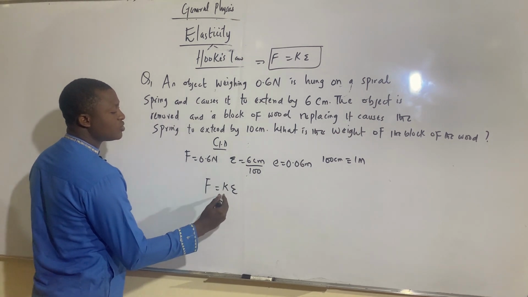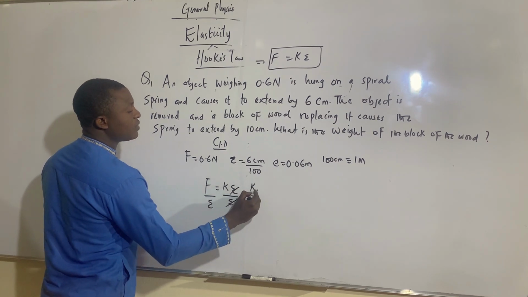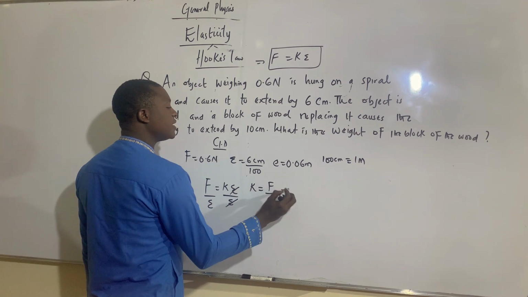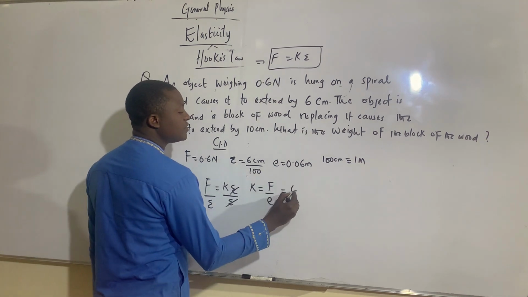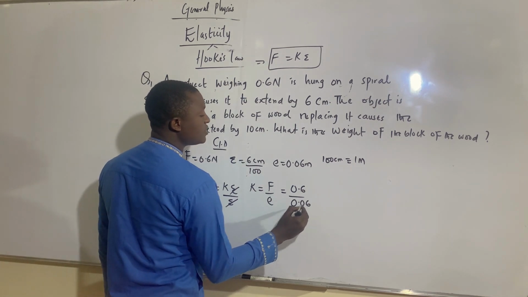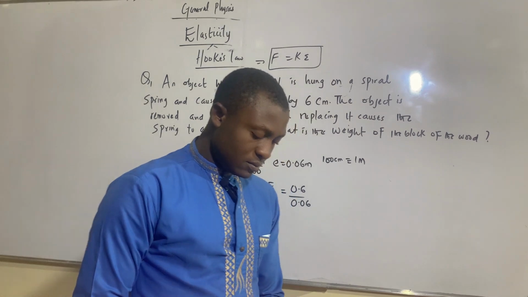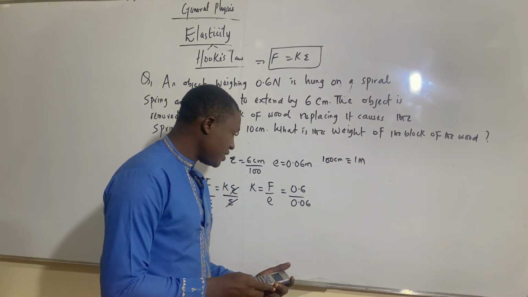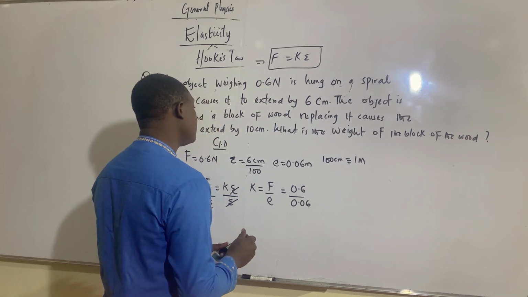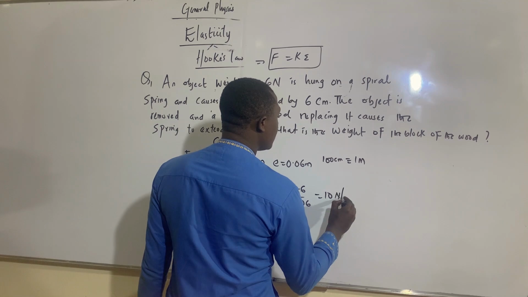If I make K the subject, dividing through by E, which is extension, we have K is equal to F over E. From the data, our force is 0.6 and our extension is 0.06. So we have 0.6 divided by 0.06. If you check that, of course, we have K to be 10, and we know force is Newton, extension is meter.